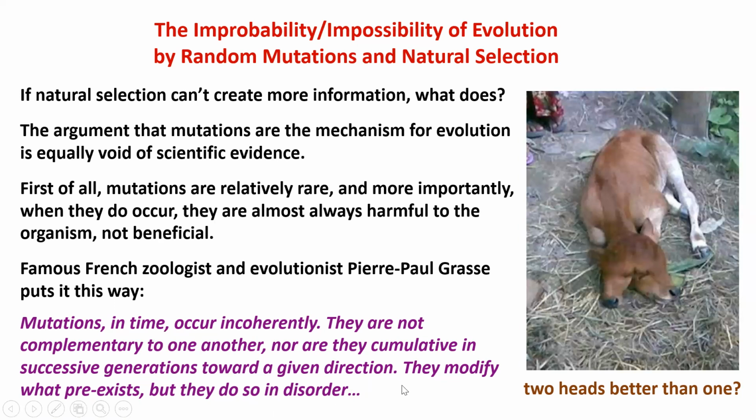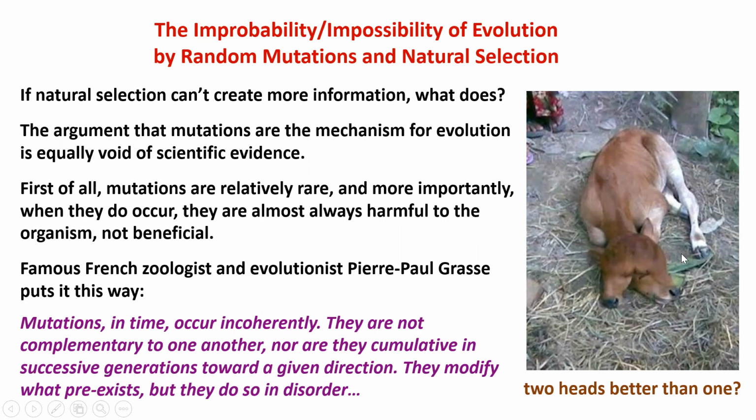So here's the important thing. When they mutate, they don't mutate into something new. They mutate from something that is already there. Can you see? That is why this calf can have two heads, and the two heads are still the heads of a calf. It's not like one head of a bird and one head of a calf. It doesn't have new information where one has the features of a different kind of animal while one retains its own.